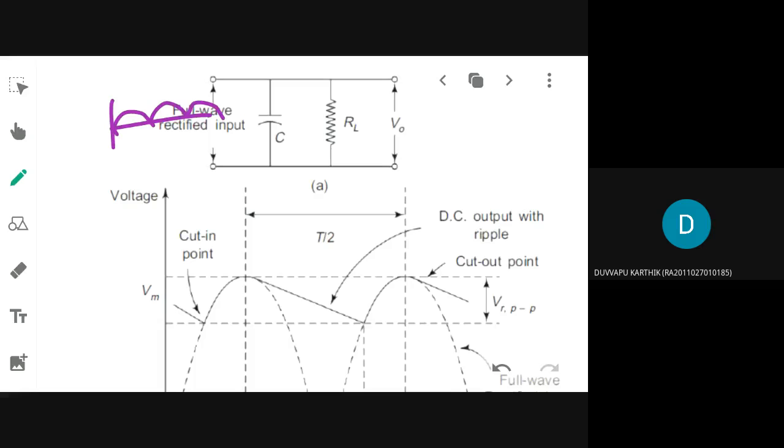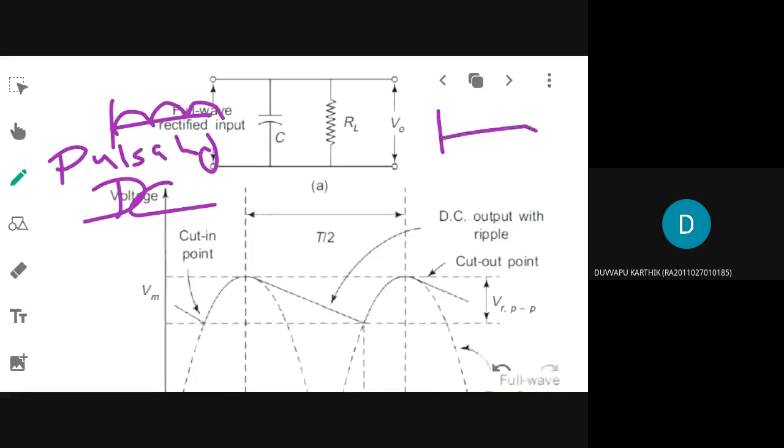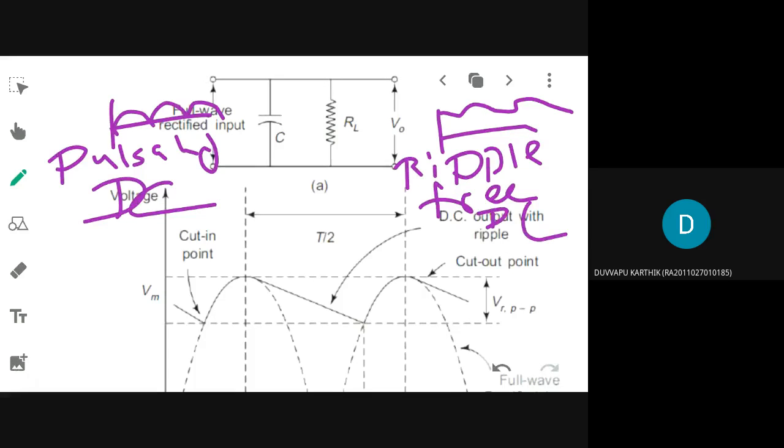This is my pulsating DC. Now at the output side, I want to have a ripple free DC like this, almost unidirectional DC. For that purpose, what type of filter am I adding here?